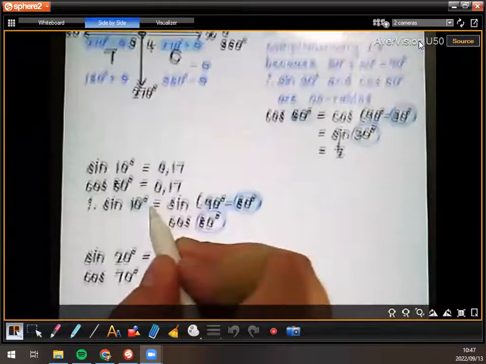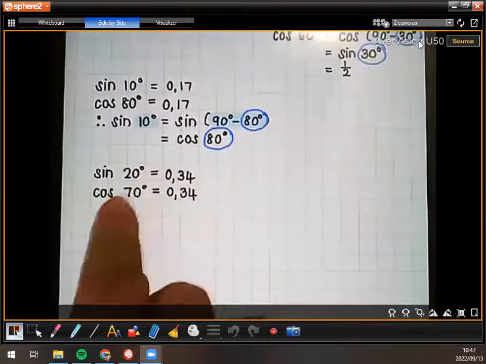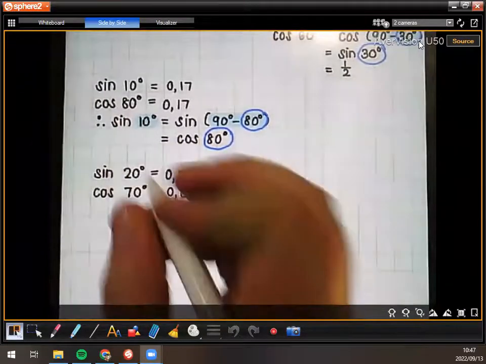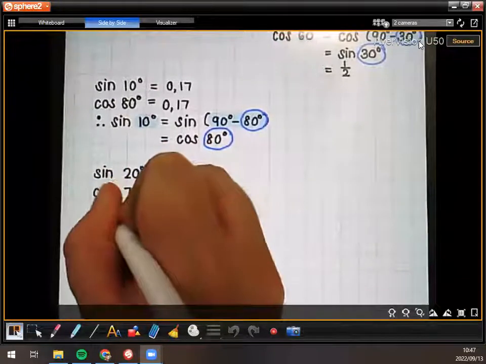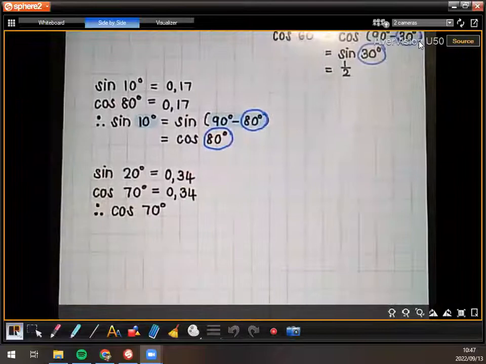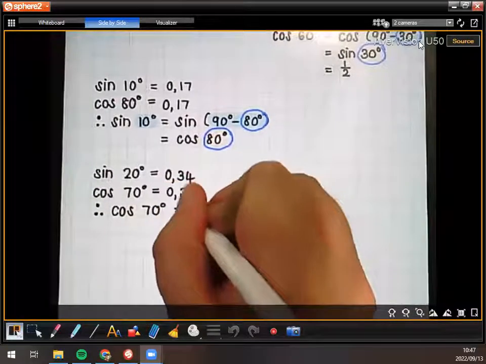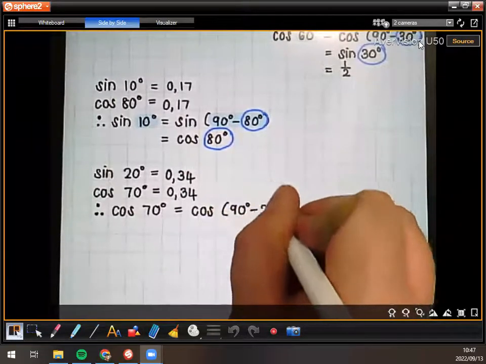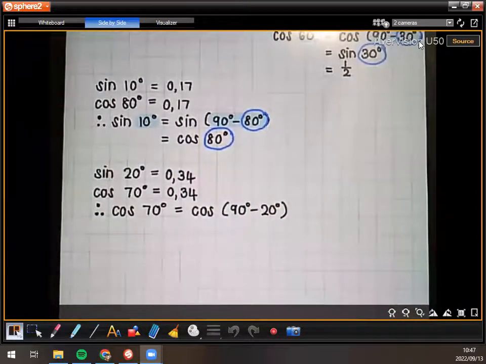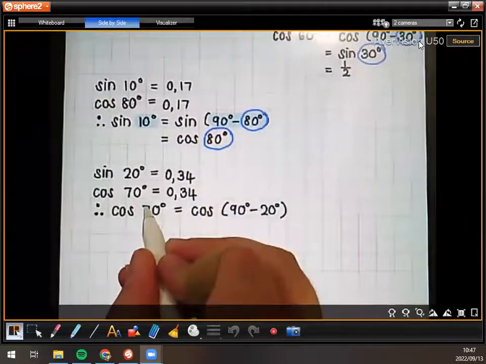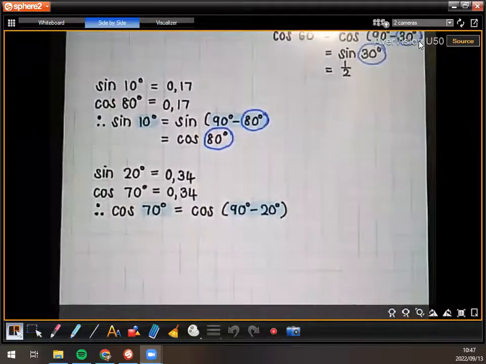So now I'm going to write the cos first. You can do it in any order. You can start with sine 20 and change it to cos 70, or you can go from cos and change it to sine. So I'm going to go backwards this time and say cos 70 is the same as cos of 90 minus 20. Do you guys agree? 90 minus 20 is the same as 70. So here I haven't actually changed anything yet.